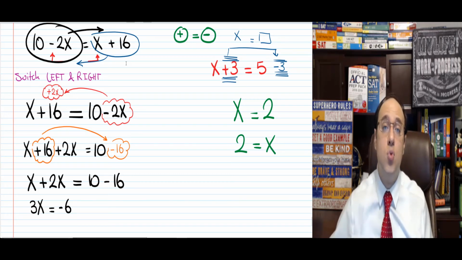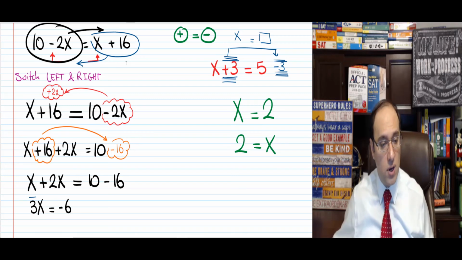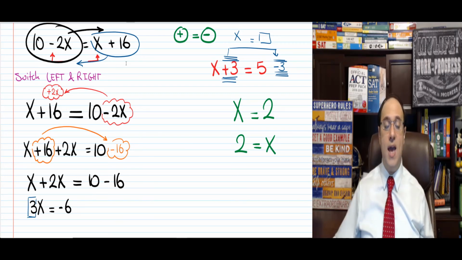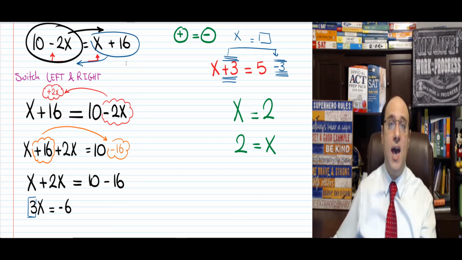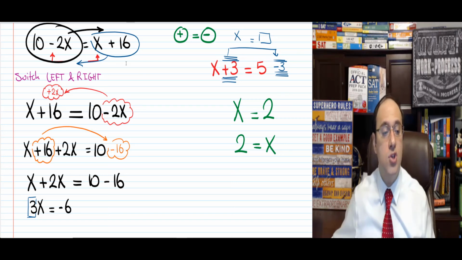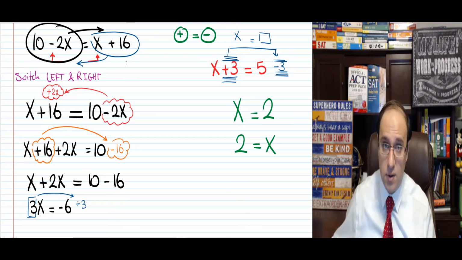Okay, I just want x by itself. So what do I need to do? I need to get rid of the 3. What is the meaning of 3x? 3x means 3 times x, which means x times 3. So it moves to the other side as divided by 3.